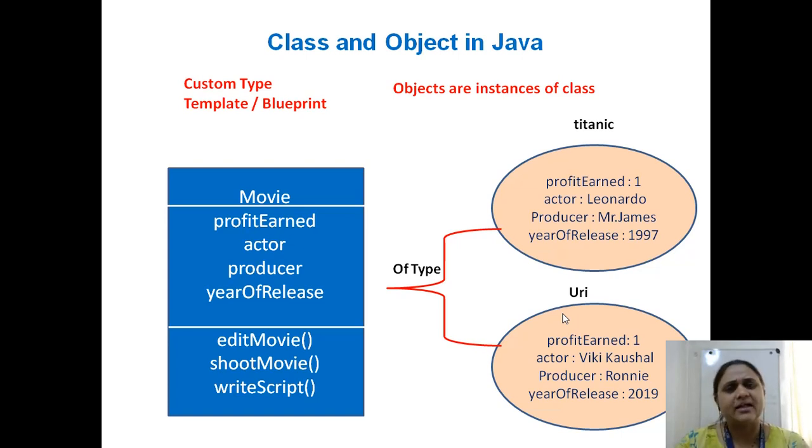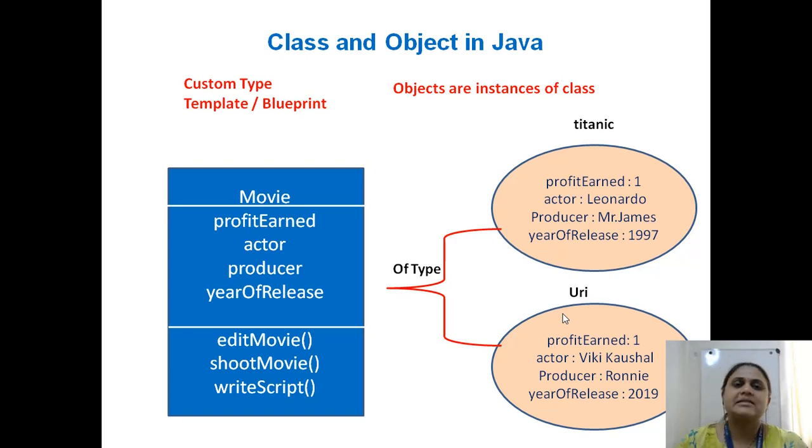Also you can say it like this: all objects which are of the same type. Here I'm coming to the fourth flavor of class definition. Suppose I have all movie type objects together.